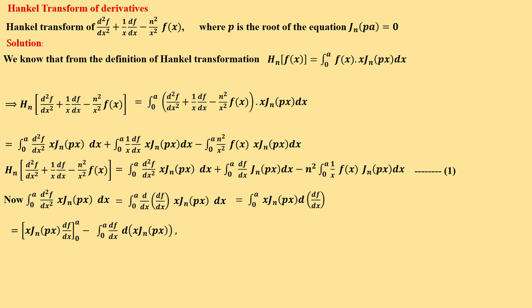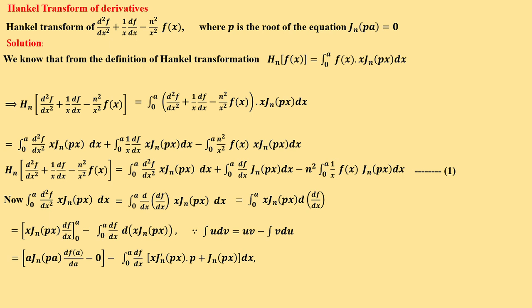Here u is x Jn(px) and v is df/dx. So uv is x Jn(px) df/dx from limit 0 to a, minus the integral from 0 to a of v du, that is df/dx times the derivative of x Jn(px), right? Applying upper and lower limits, replacing x by a, the upper limit gives a Jn(pa) df(a)/dx, minus the lower limit x = 0, which gives 0, minus the integral from 0 to a of df/dx. For the derivative we use the d(uv) formula, d(uv) = u dv + v du.